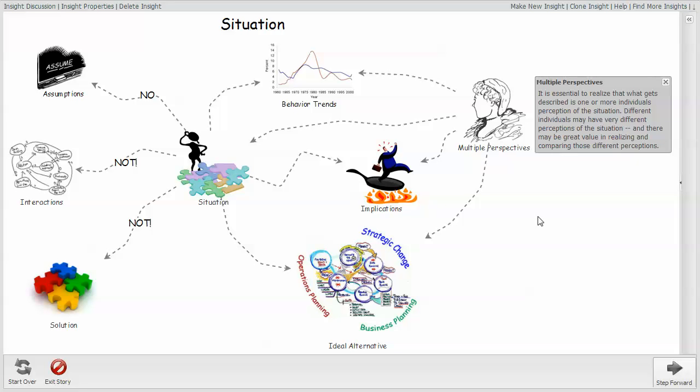More often than not, there are numerous stakeholders that have to be involved to really even completely understand the situation and craft an approach to dealing with it, so that multiple perspectives simply allow us to develop a better definition or understanding or an awareness of what that situation is and the behavior trends and what's an appropriate alternative to pursue. So this is sort of a first breakdown detail of the situation aspect of the model.